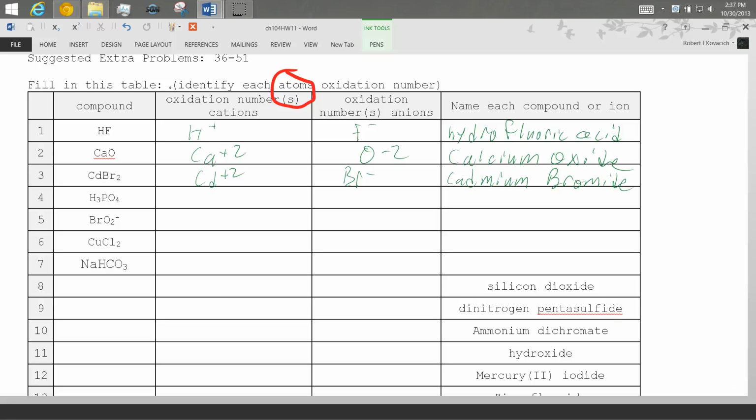Because it's hydrogen with a non-metal, so it has to be +1. So the H is a +1. What else we got? The oxygen is a -2.